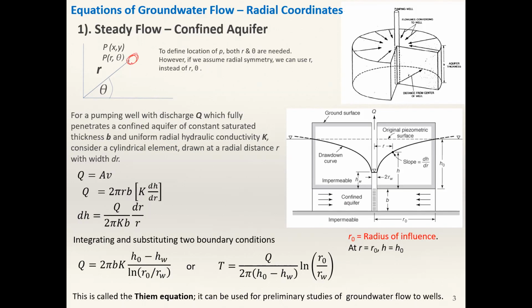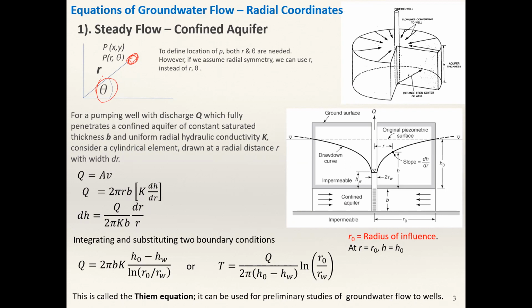Then for a point somewhere here, you can use X and Y in the Cartesian coordinate system. But if you are talking about the radial system, then you use R, that is the radius, and angle theta. That is the main difference between the Cartesian and the radial coordinate system.